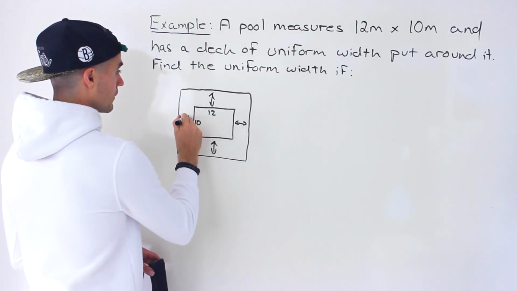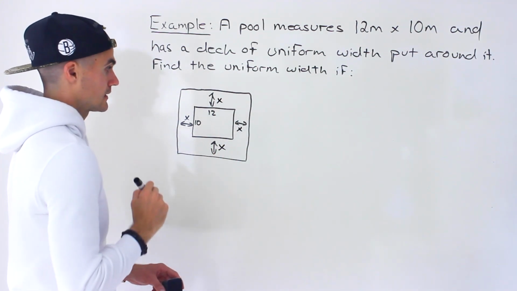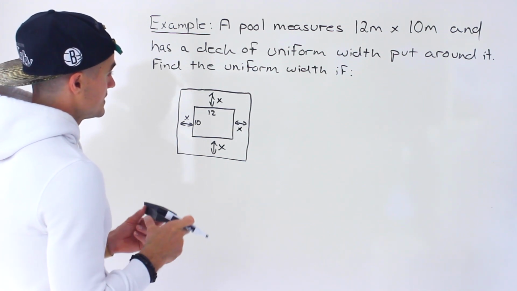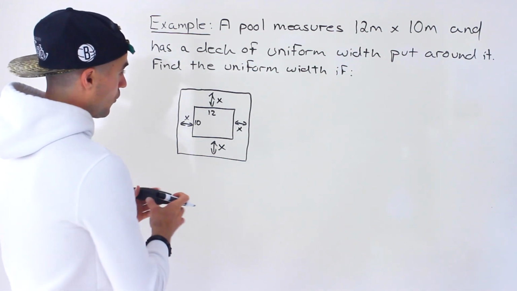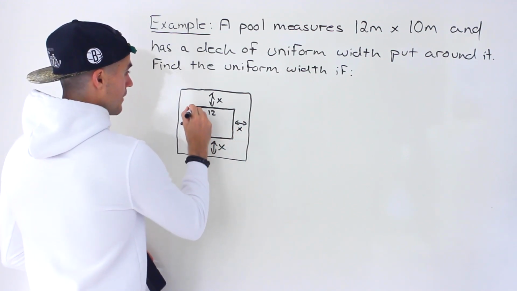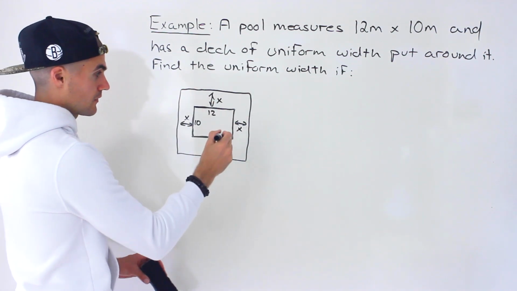So let's put a variable there. Let this be x, x, x, and x, like that. Now, what I want to do is create different expressions for the pool area, and then the deck area, and then also the entire area.